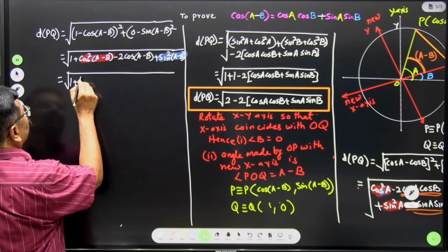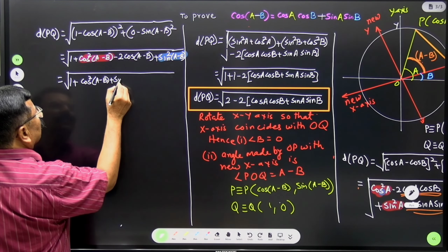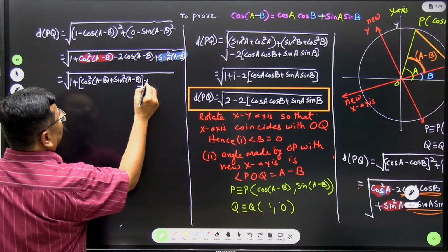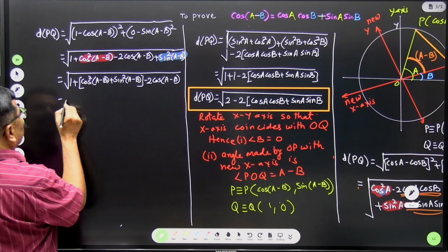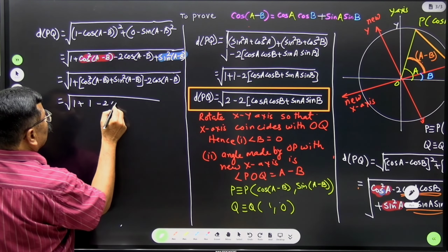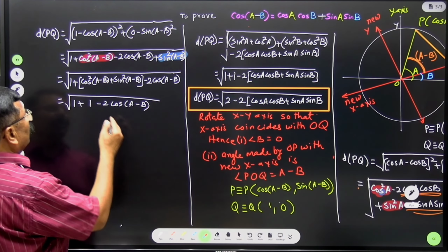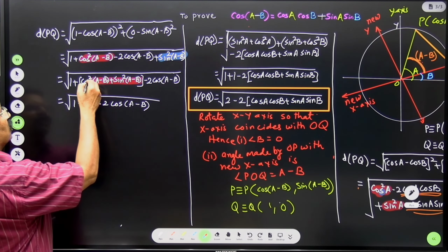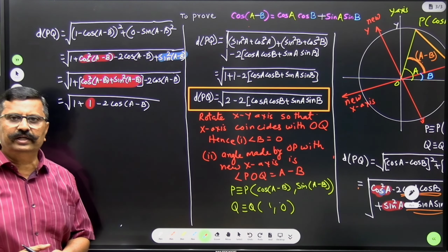So this will be the bracket cos square(A minus B) plus sin square(A minus B), bracket complete, minus 2 cos(A minus B). So this will be under root 1 plus 1 minus 2 cos(A minus B). Now what is this one? From where have we got this one? This one is equal to cos square(A minus B) plus sin square(A minus B). We have used that fundamental identity.